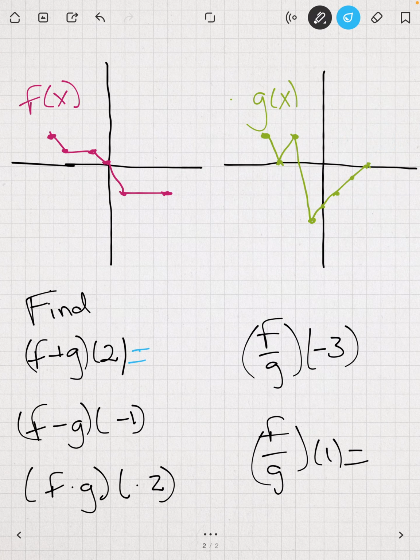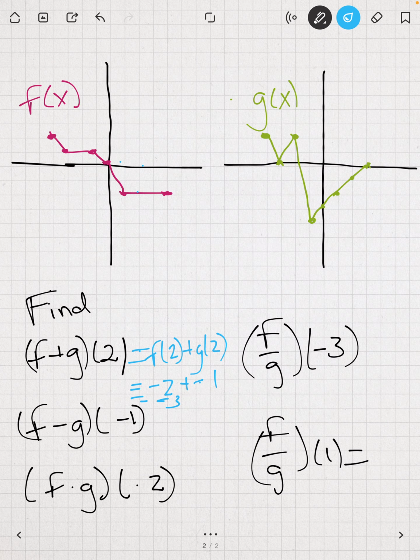F plus g at 2, by definition on our previous slide, is f of 2 plus g of 2. So we look at our graph: f of 2 is negative 2, and g of 2 is negative 1. So the sum is negative 3.